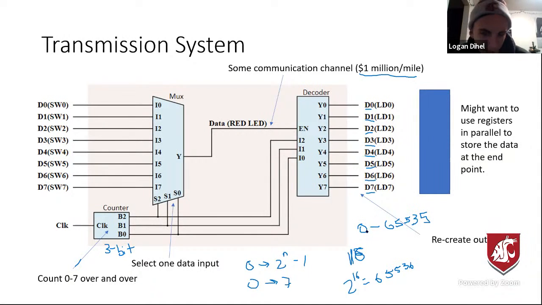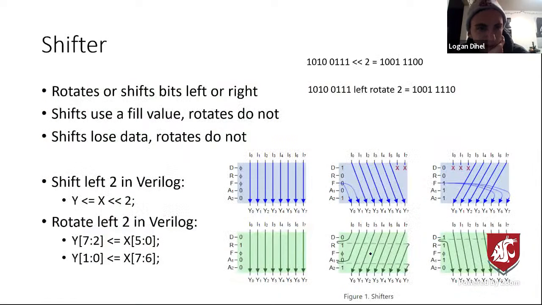So that's a counter. And a BCD counter just counts 0 to 9. It's 4 bits, but it uses a reset. So any questions on counters? Okay, let's move on then.